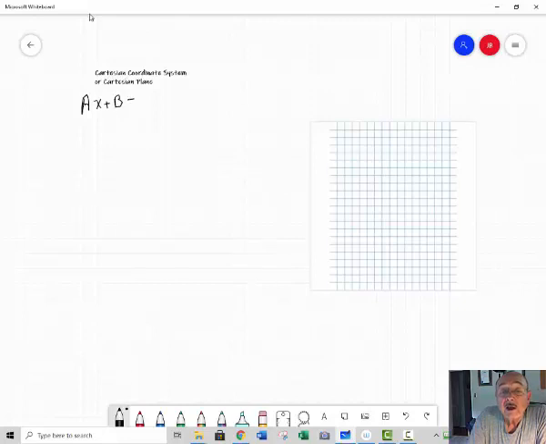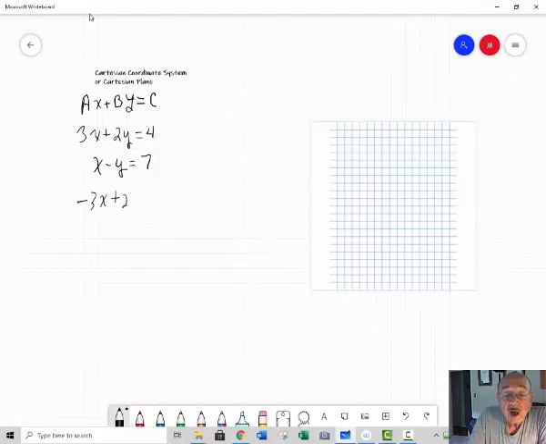What that looks like would be 3x plus 2y equals 4, or it could be x minus y equals 7, or it could be negative 3x plus 2y equals 6.